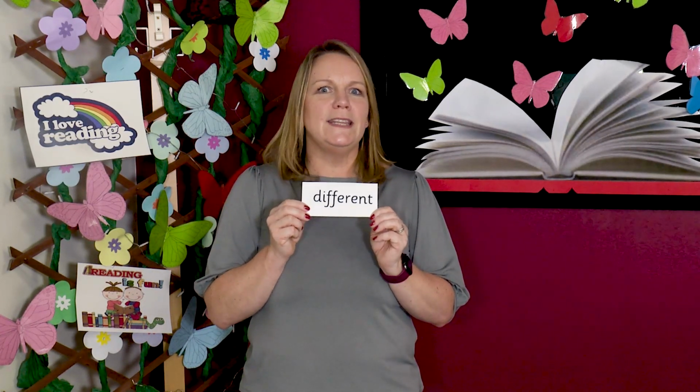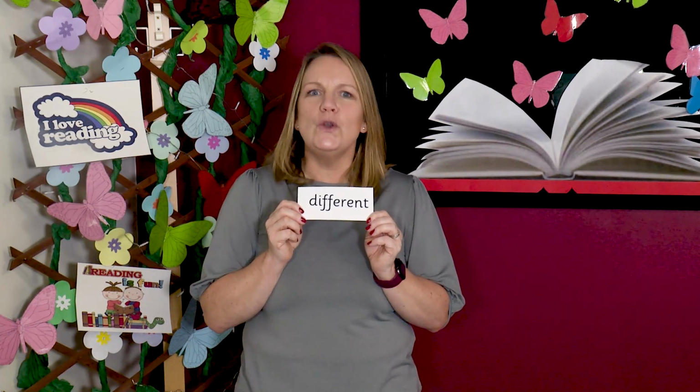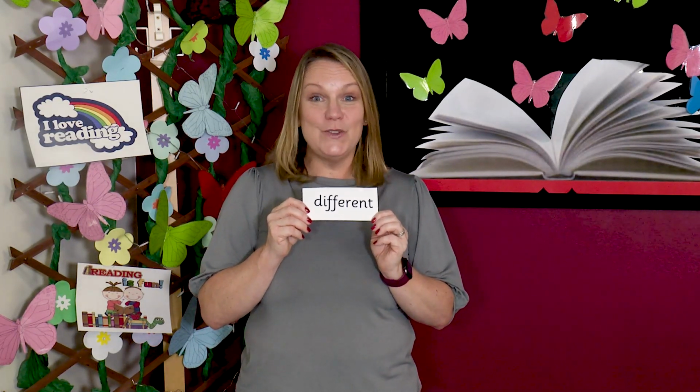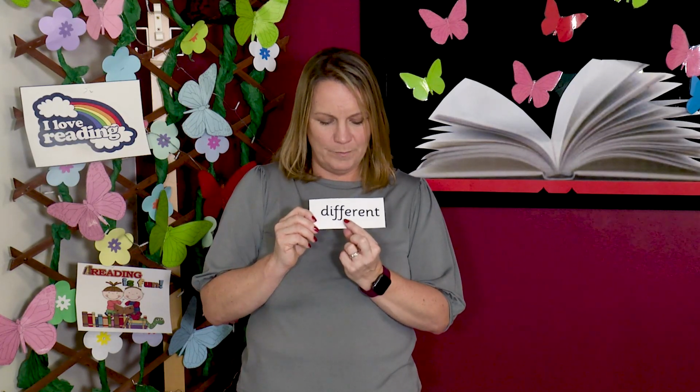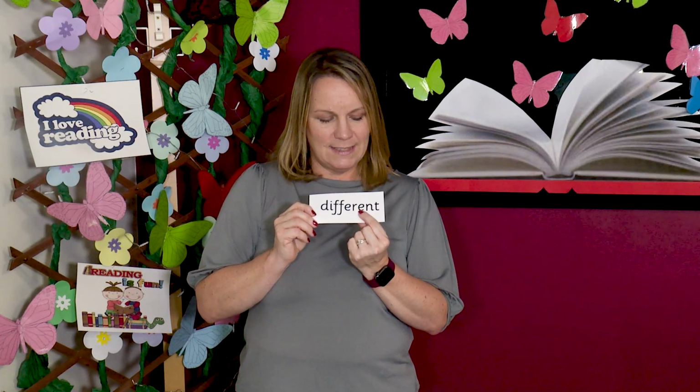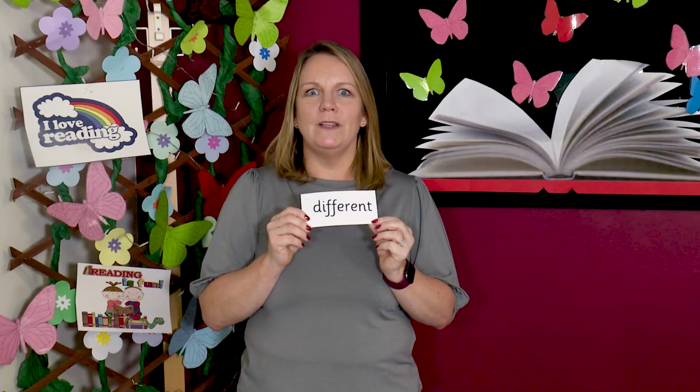You know how to read this one, but can you remember the two tricky bits? Yes, the tricky bits are that this says r and this says er. Can you read the word?